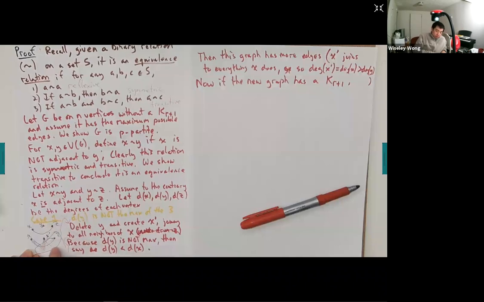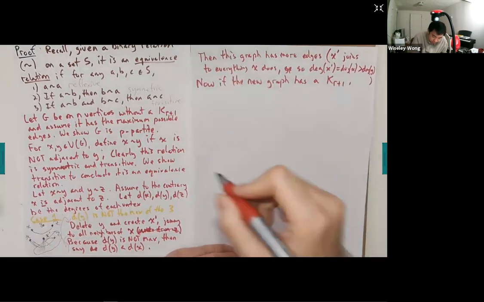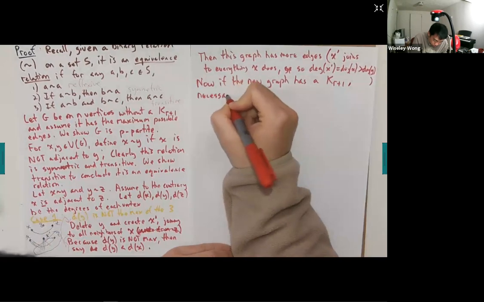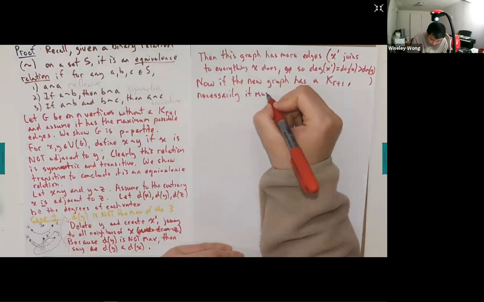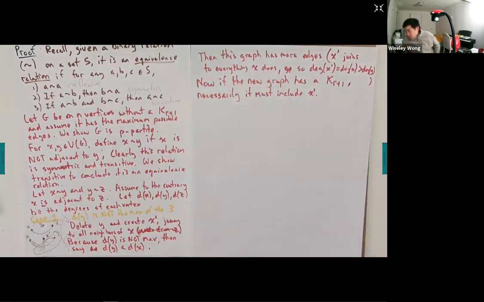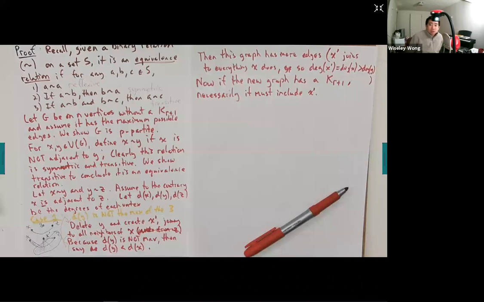So necessarily, this clique had to involve x prime, because that's the only edges that I added to the graph are formed from x prime.